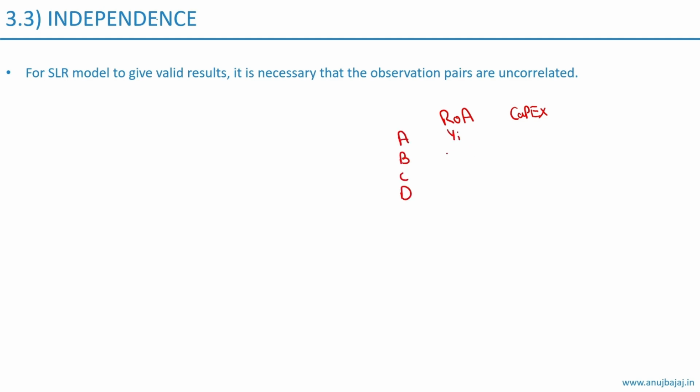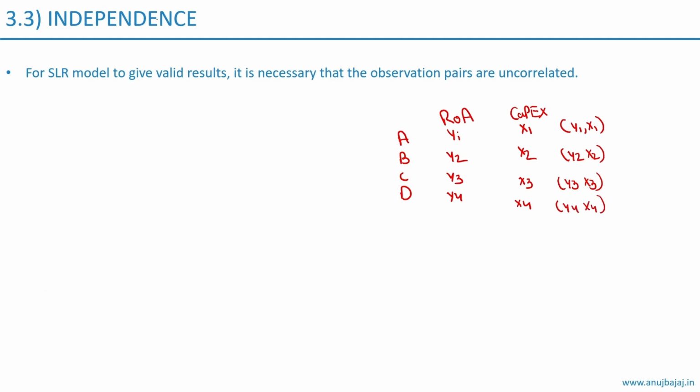So we have Y1, Y2, Y3 and Y4, and X1, X2, X3 and X4. And these are the observation pairs: Y1, X1, Y2, X2, Y3, X3 and Y4, X4.